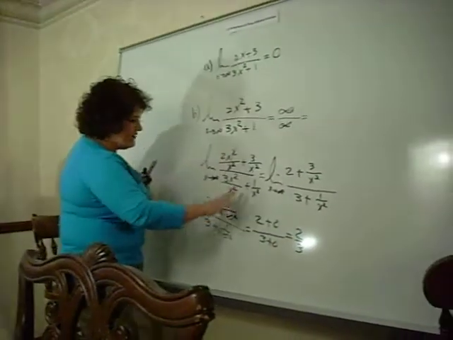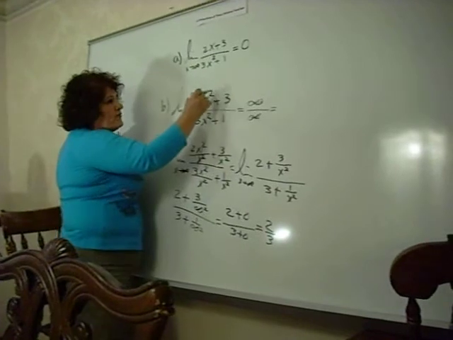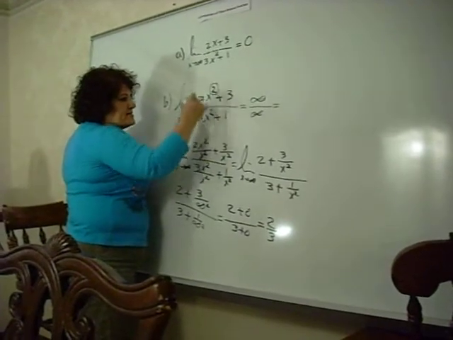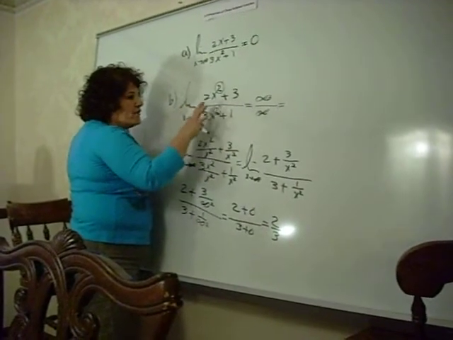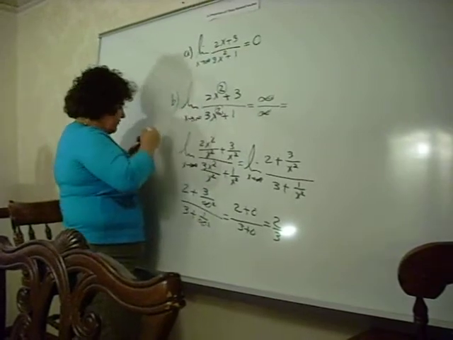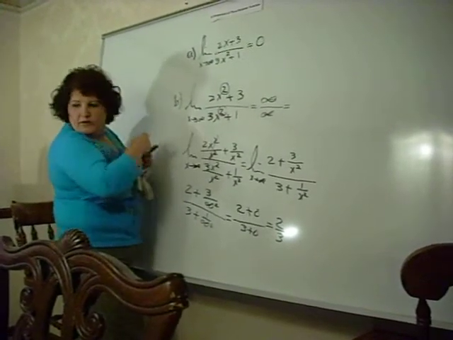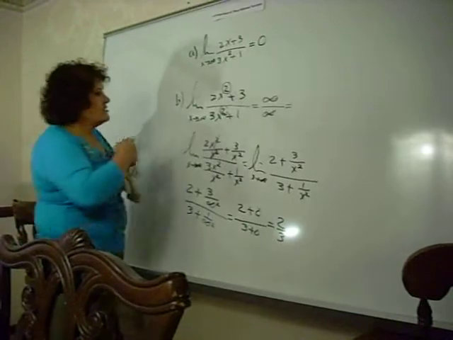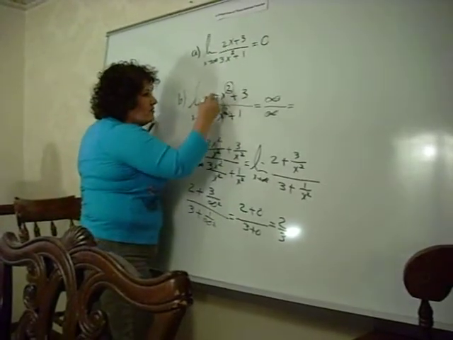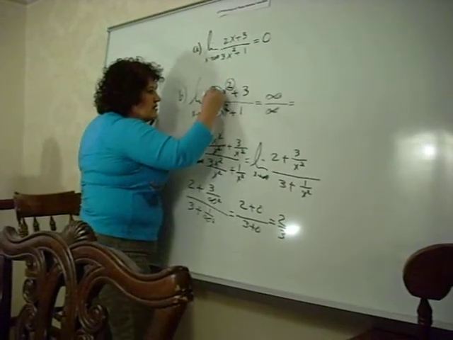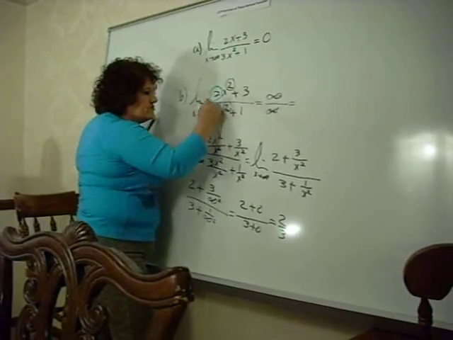So what we learned from here: when the power of the numerator is the same as the denominator, all we have to do is divide the coefficient of the numerator by the coefficient of the denominator. The coefficient of the numerator is 2 divided by the coefficient of the denominator, which is 3.